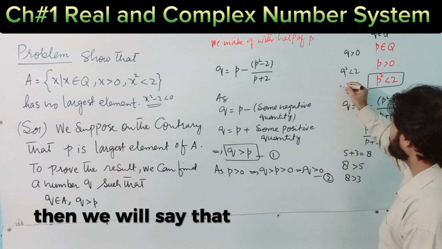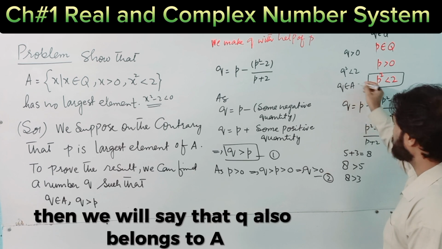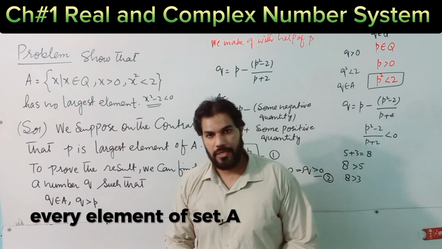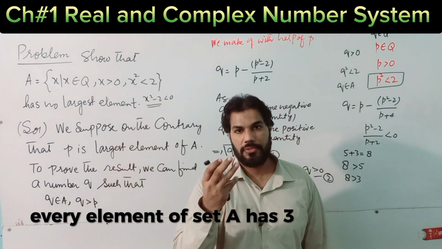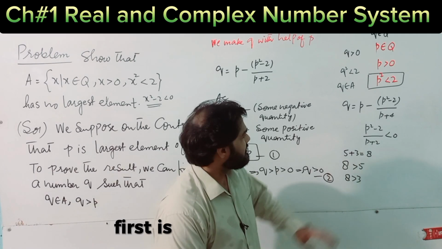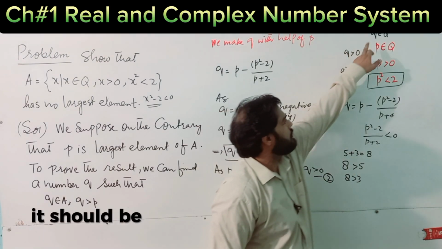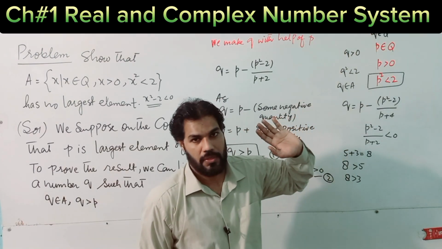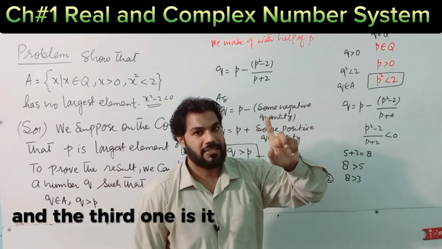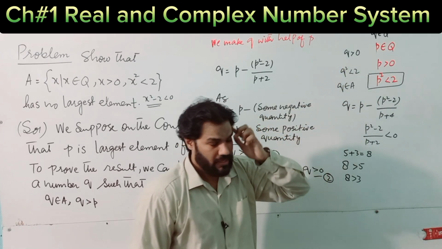Then we will say that q also belongs to A. Every element of set A has three characteristics. First, it should belong to the set of rational numbers. Second, it should be positive. And third, its square is less than 2.